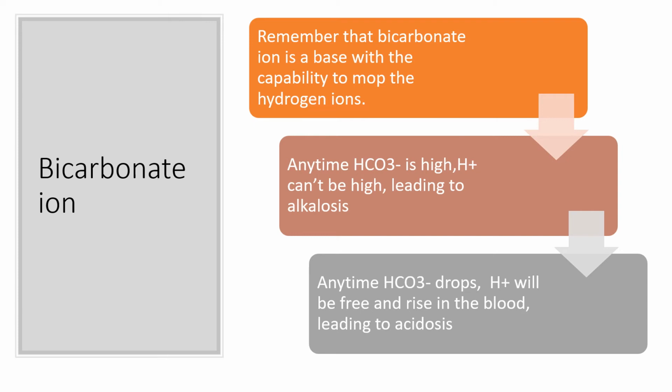Anytime bicarbonate ion is low or it drops, then hydrogen ion will be free and rise in the blood, leading to acidosis. So, high bicarbonate is metabolic alkalosis. Low bicarbonate is metabolic acidosis.